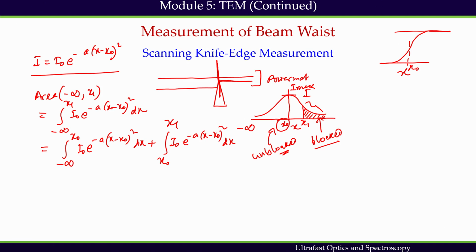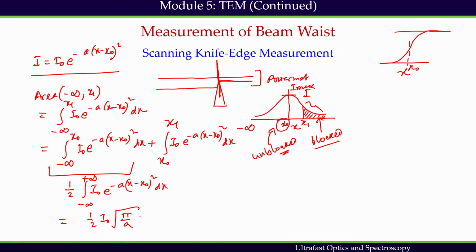I have separated these two regimes because I can make use of the regime minus infinity to x naught, that is, minus infinity to the maximum. Because it is a symmetric function, this part is nothing but half of the total area from minus infinity to plus infinity of e to the power minus a (x minus x naught) square dx, which is half I naught square root of pi by a, a standard integral we are using.